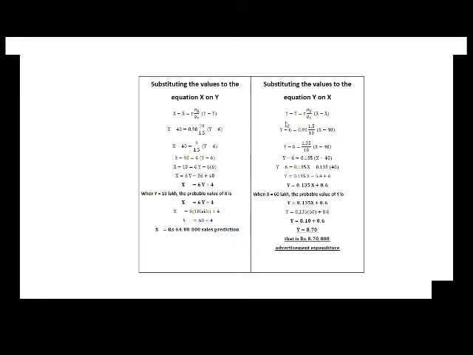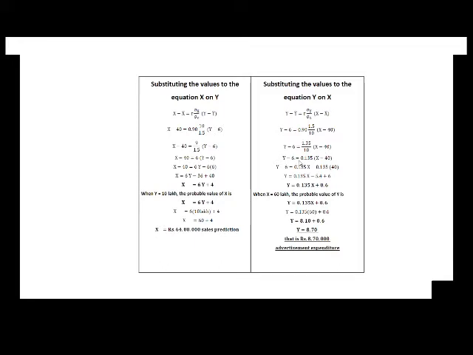Likewise, substituting the values into the equation y on x, y minus y bar is equal to correlation into standard deviation of y divided by standard deviation of x, into x minus x bar. Putting the values, y minus 6 is equal to 0.90 into 1.5 divided by 10, x minus 40. Y minus 6 is equal to 1.35 divided by 10, x minus 40.